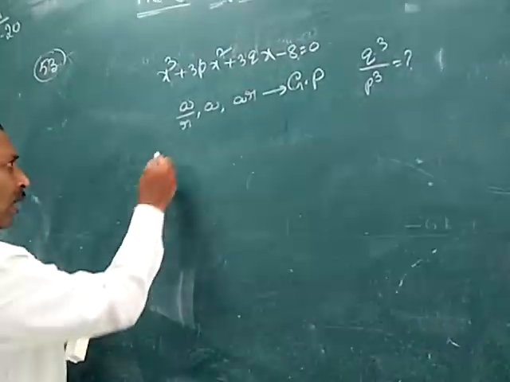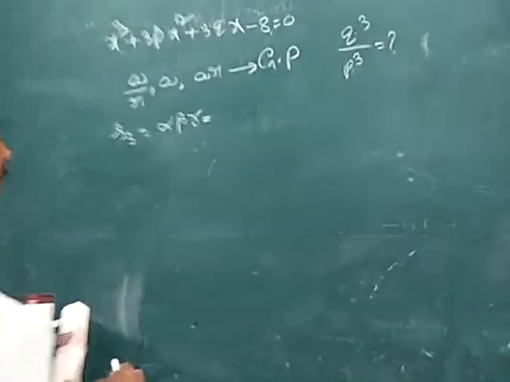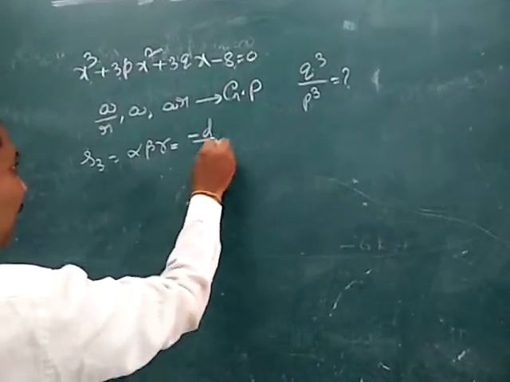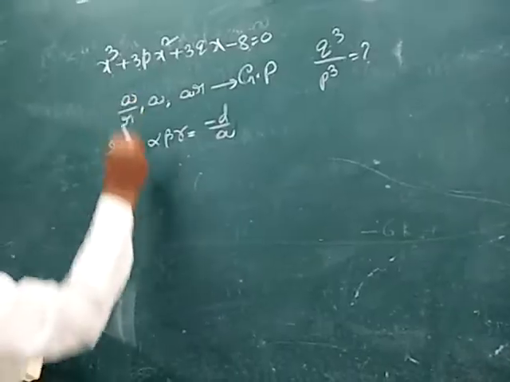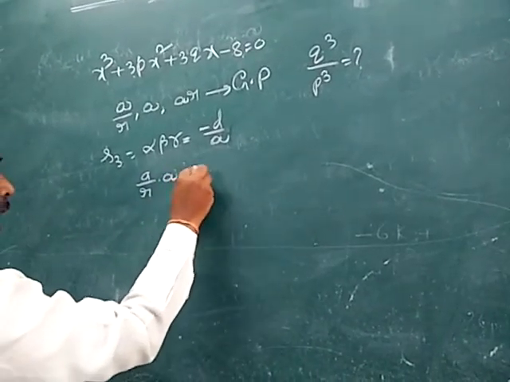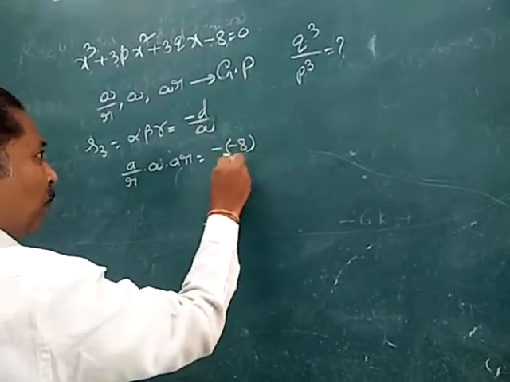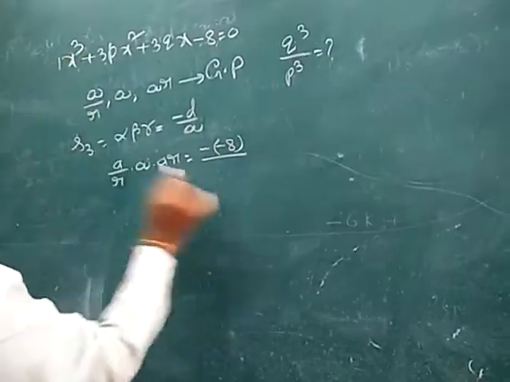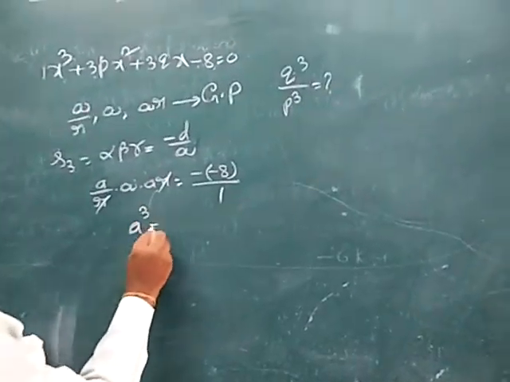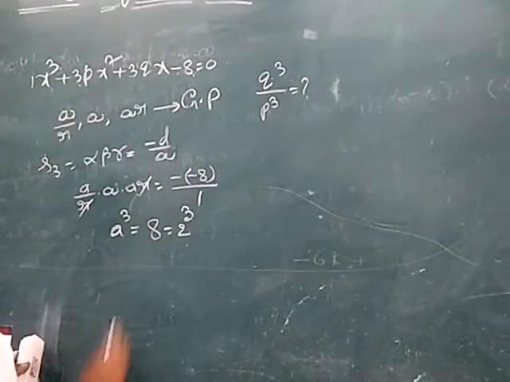So, S3 equals alpha beta gamma equals minus d by a, that is (a by r)(a)(ar) equals minus 8, a value 1, r cancel, a cube equals 8, that equals 2 cube.